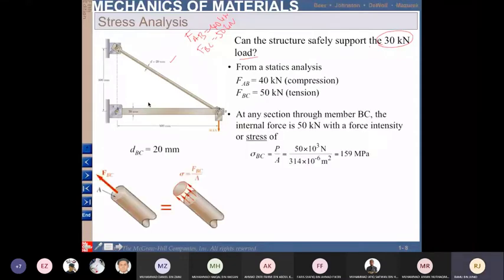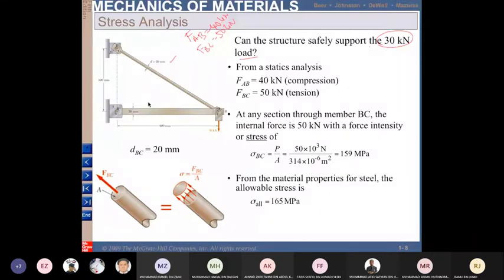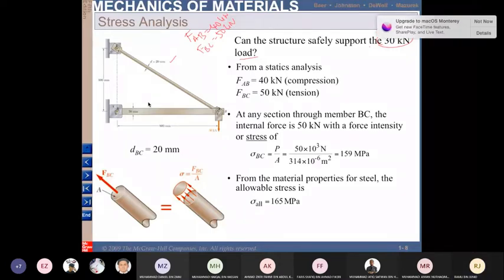So can the structure support 30 kilonewton? Yes, from this answer, yes. But you have to prove using calculation. You cannot just say yes without proving the facts. You have to give the evidence.